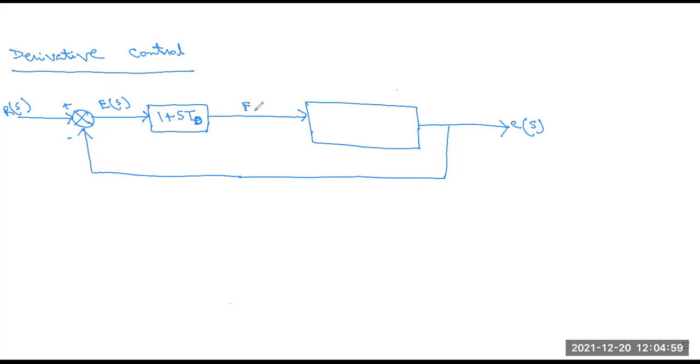The signal coming from the controller through the error of the system is Ea(s). The second order system is omega n squared by s times (s plus 2 zeta omega n). So this is the block diagram of the derivative control.